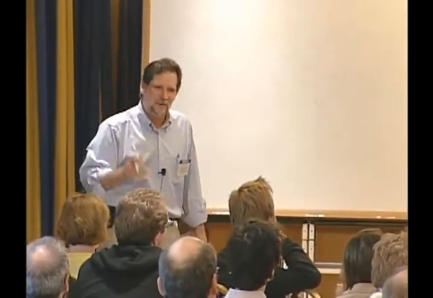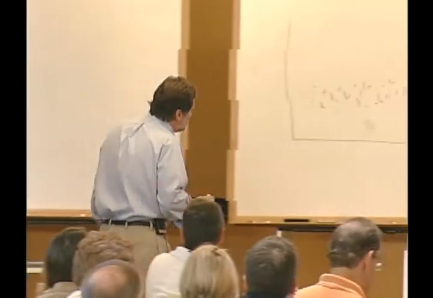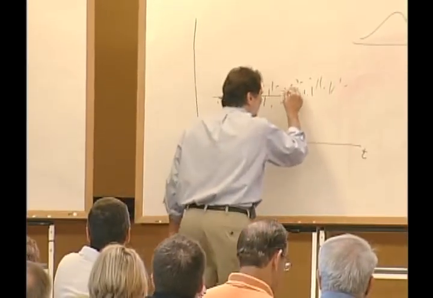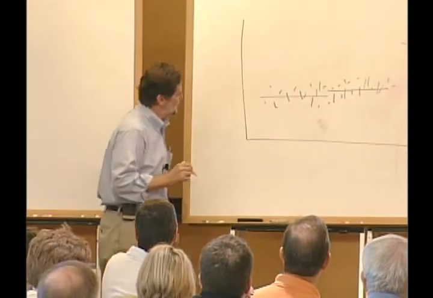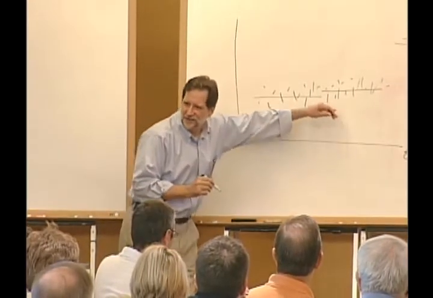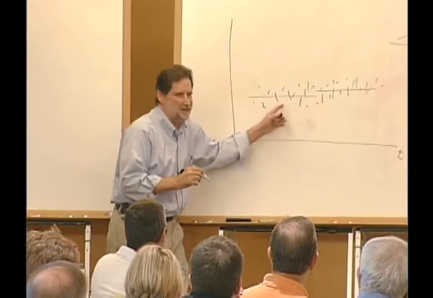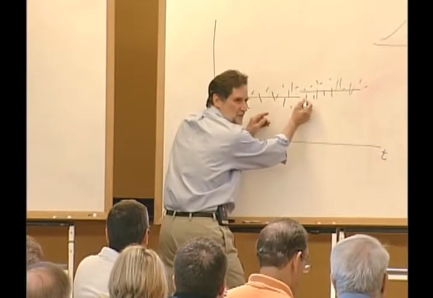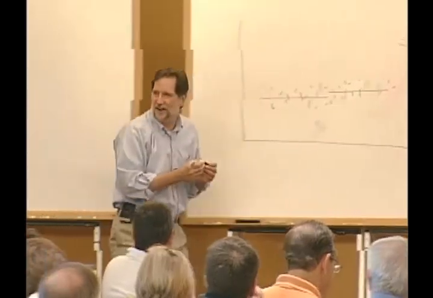And now where did that break occur? Well, you kind of average these guys, and then you average these guys, and you say, well, this average is a little different than that average, so maybe it occurred here, but maybe I should have let this line go a little further and started this line a little later.